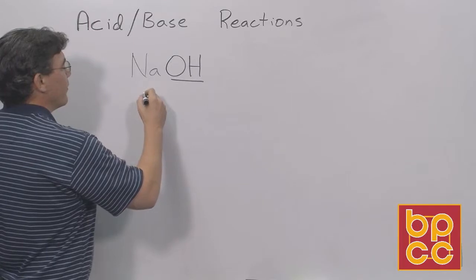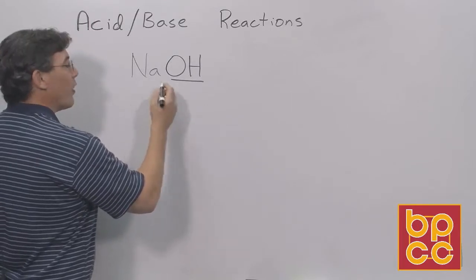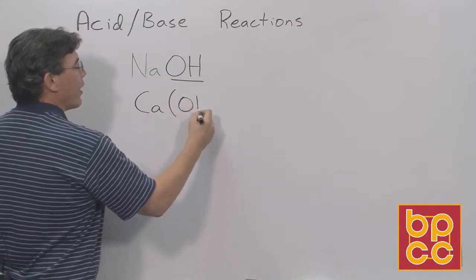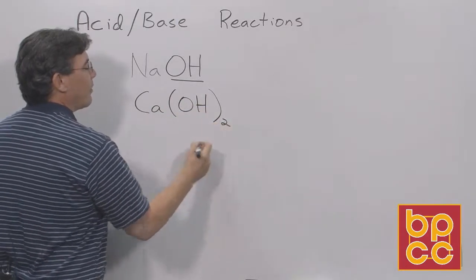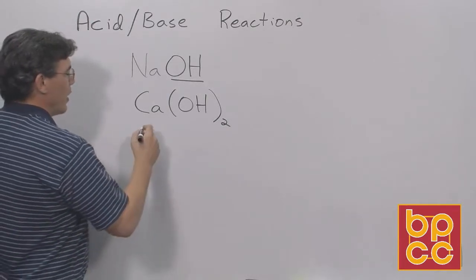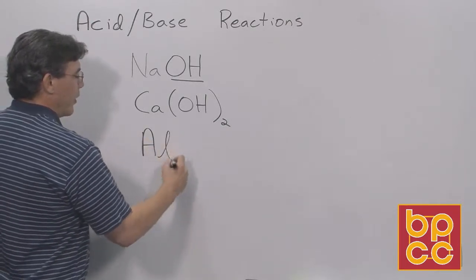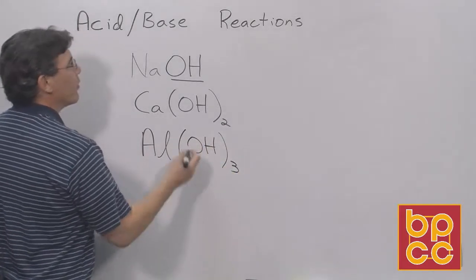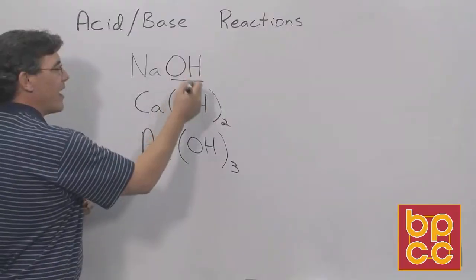Another strong base would be calcium hydroxide, sometimes found in some antacid tablets. Very strong base, though. And then another one, might be aluminum hydroxide.